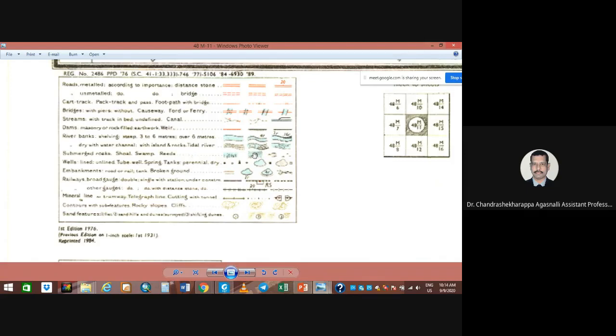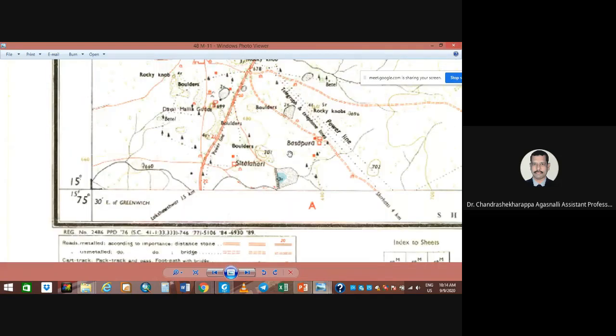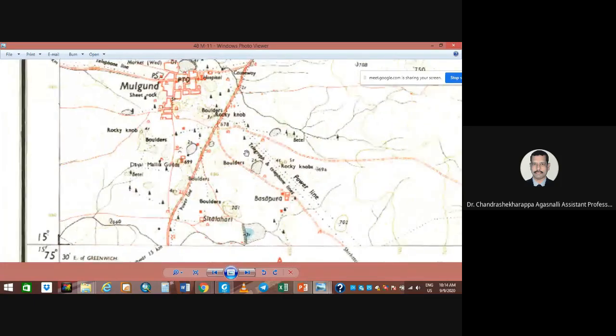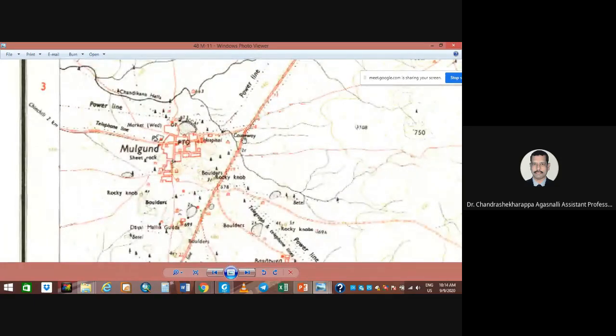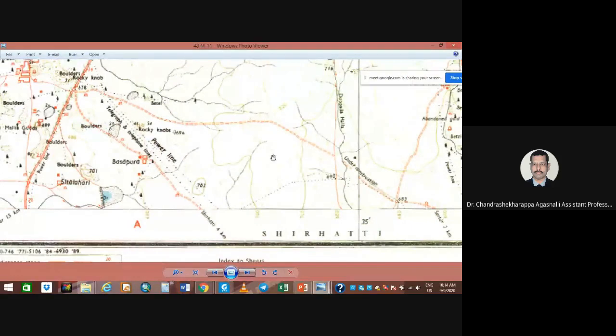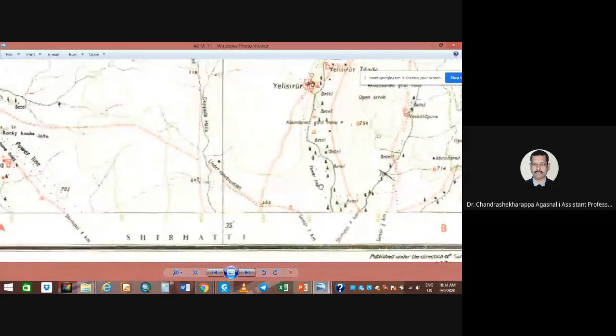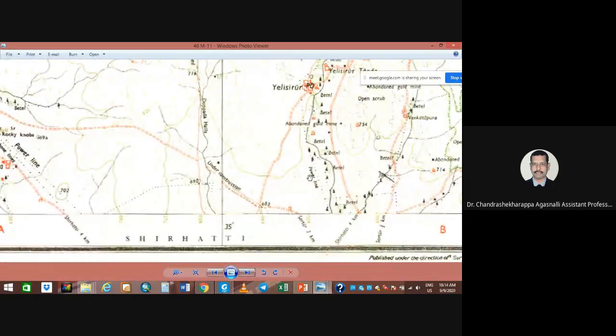And also rocky areas, open scrubland. Almost everything you can see on the surface of the earth is mapped by the Survey of India, plotted in a systematic way. They produce a lot of topo sheets, which we call topographical maps, surveyed by the government of India. This is the base map for any civil engineering project.